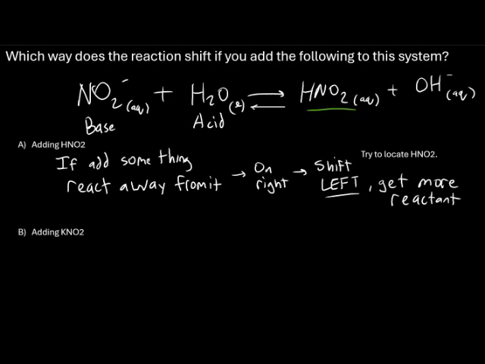Let's try the same thing for part B. Part B says to add KNO2. You might notice that KNO2 is not in the reaction, but NO2- is. To resolve this discrepancy, we'll need to remember that KNO2 is soluble because it is NO2- connected to a 1A metal.